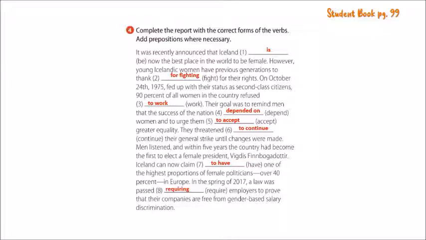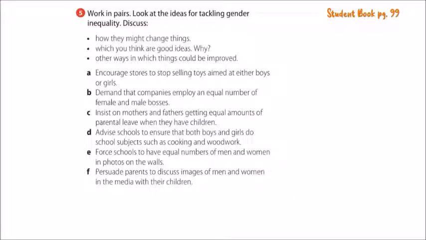Excellent. Okay, guys. So, what we're going to do next, it says to work in pairs. You're going to do this individually. It says to look at the ideas for tackling gender inequality and discuss. So we have three things to discuss or write down: how they might change things, which you think are good ideas and why, and other ways in which things could be improved. So we have A, encourage stores to stop selling toys aimed at either boys or girls.